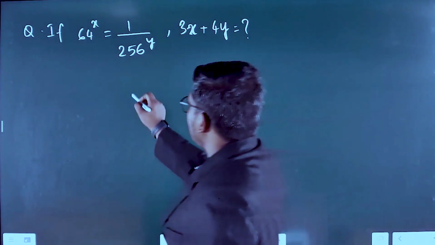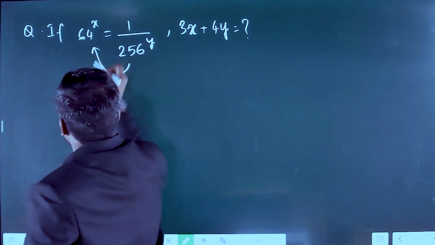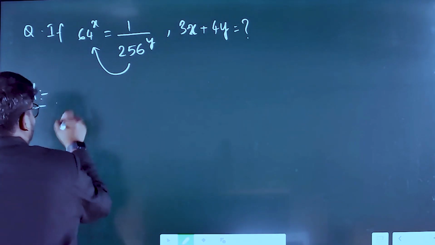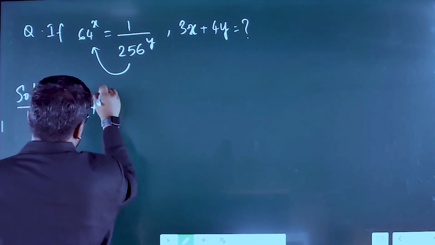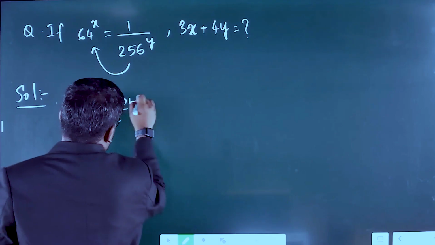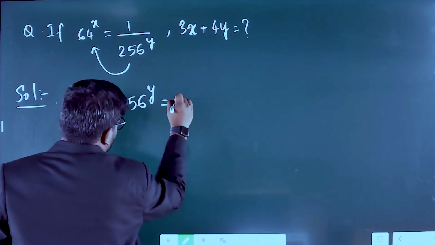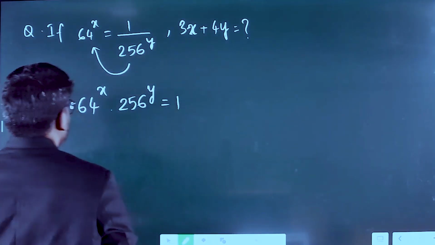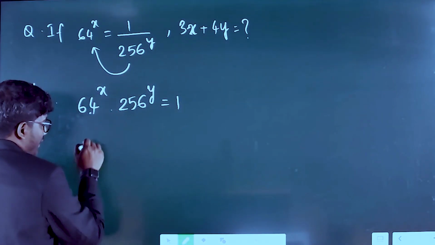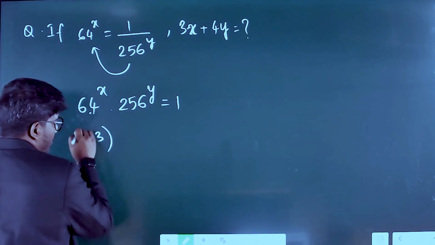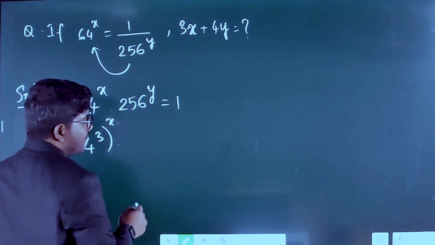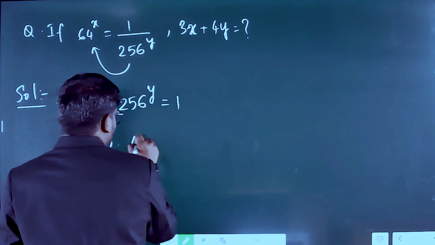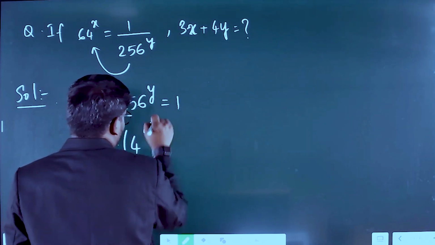Alright. We can transpose this, right? If we transpose it, it will be 64 power x into 256 power y, and that value is equal to 1. Now 64 can be written as 4 cube whole power x, and 256 can be written as 4 to the power 4 whole power y.